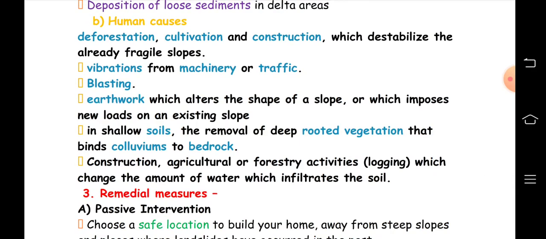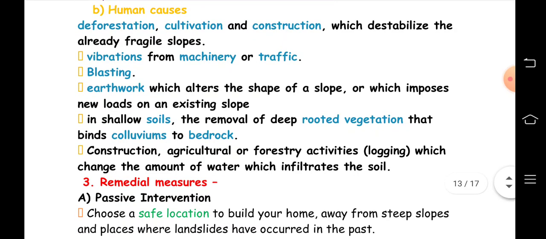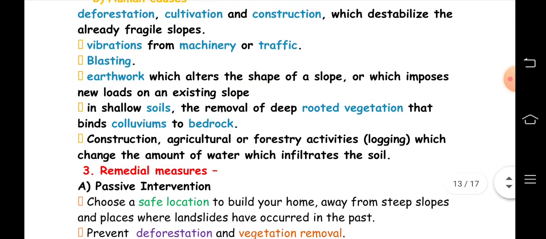Then the vibration from machinery or traffic. While carrying out construction, we are using some machinery, due to which landslide will occur. Then the blasting. Due to blasting done in nearby areas, vibrations are created in the surrounding area, due to which landslide will occur.